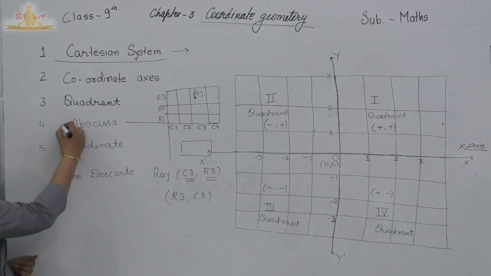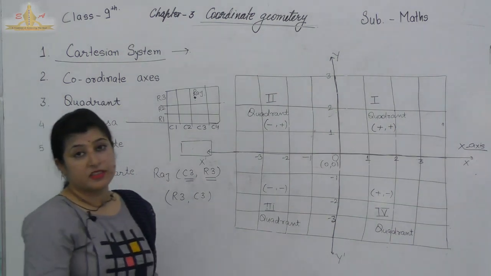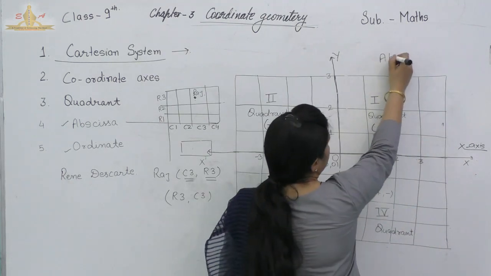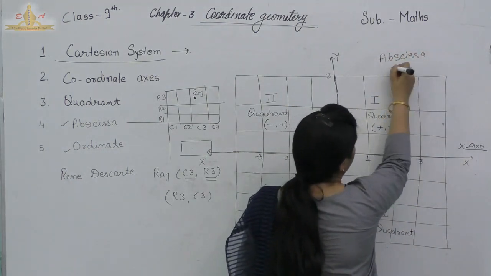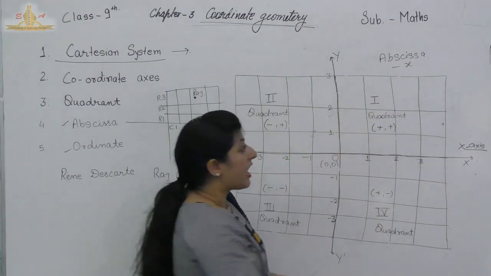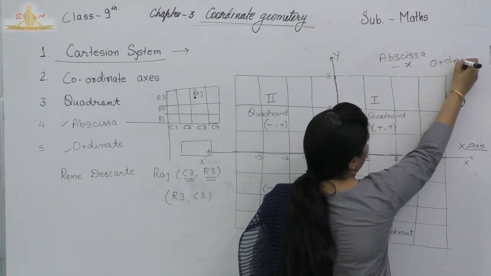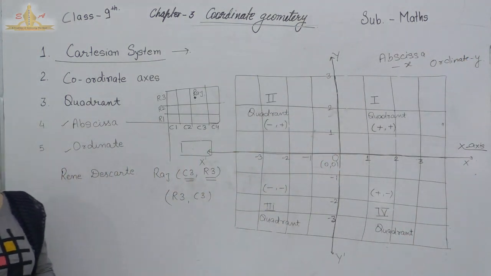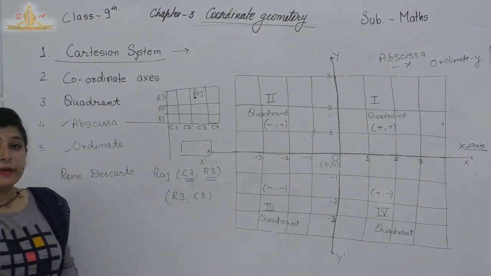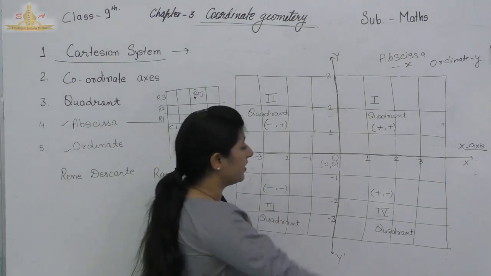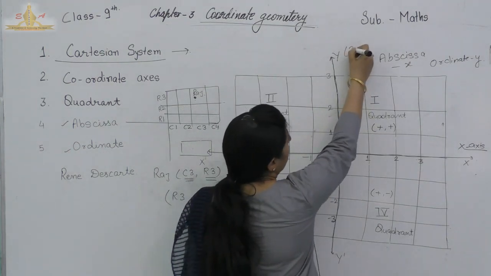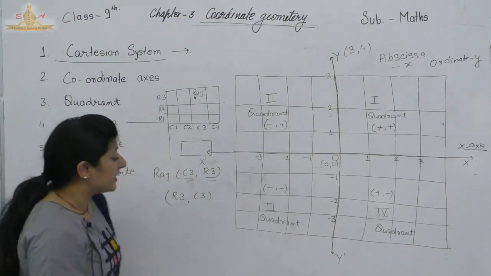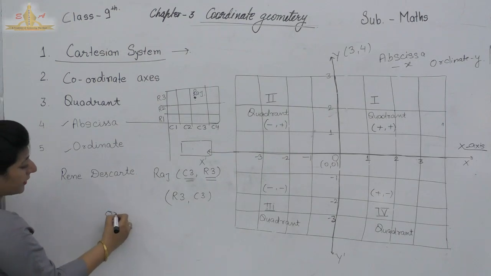Now see what the abscissa and ordinate are. Abscissa is basically the value of x and ordinate is the value of y. When we show this on the Cartesian plane, suppose I want to plot (3, 4), and one more thing, this always comes in an ordered pair.